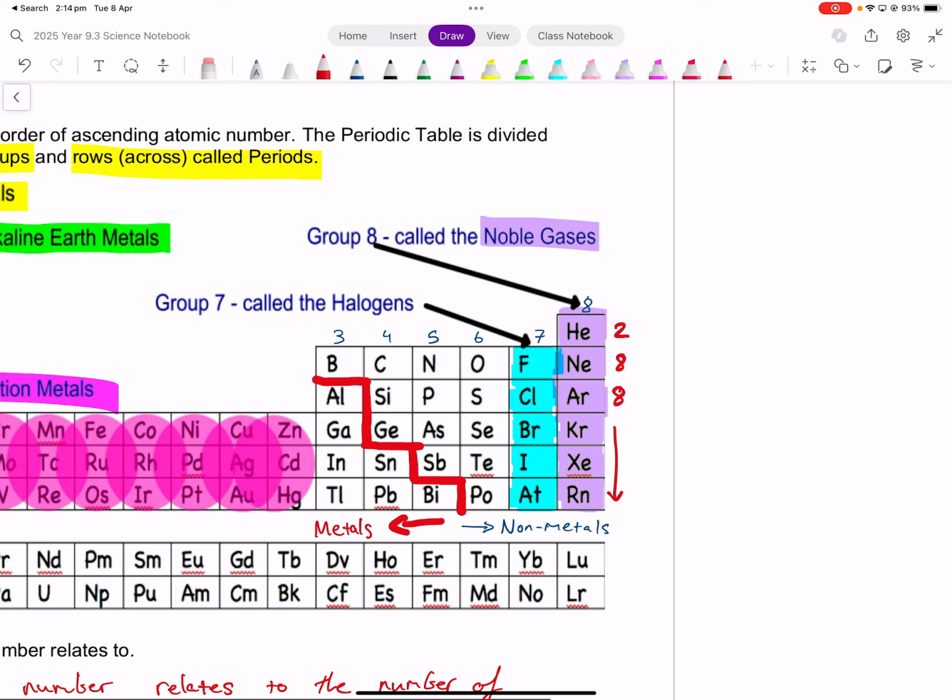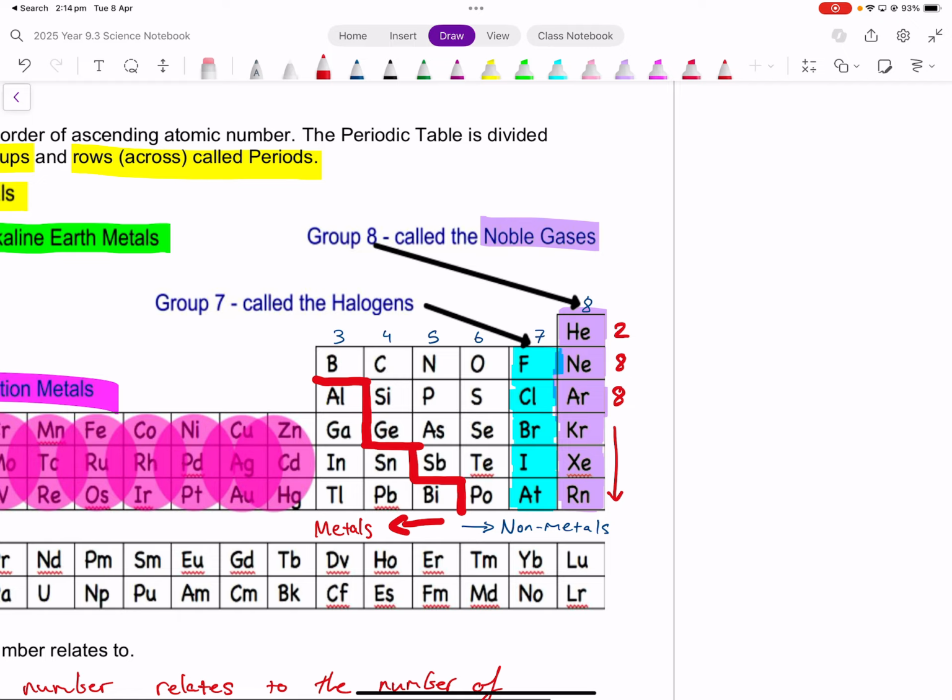It has a completely different number, which you don't need to know. With the 7th group, it's 1 away from that full shell. So it just needs 1 more electron. All have different numbers, but they're 1 away from being complete.